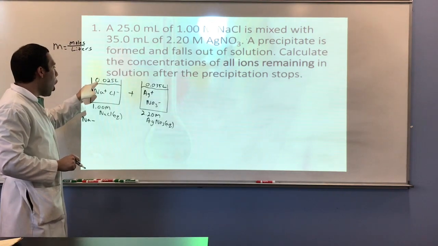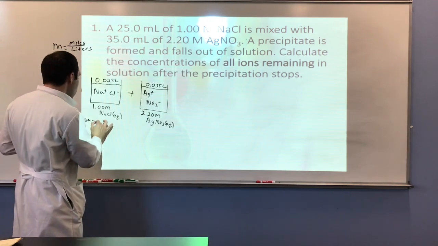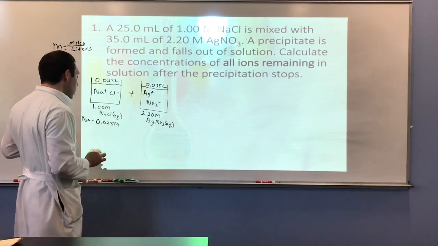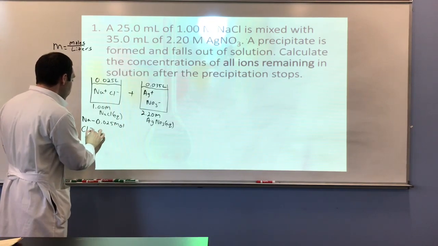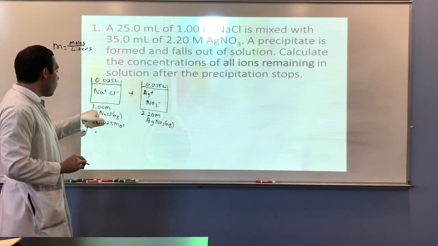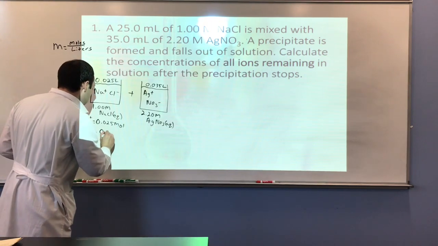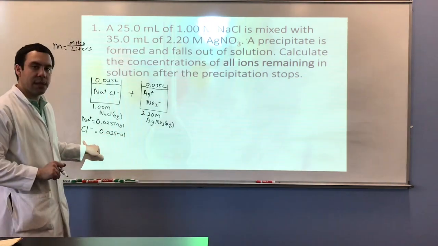So 0.025 liters times 1 will give us 0.025 moles. Same thing for Cl. If I have 1 molar times 0.025 liters, I have 0.025 moles of Cl as well.